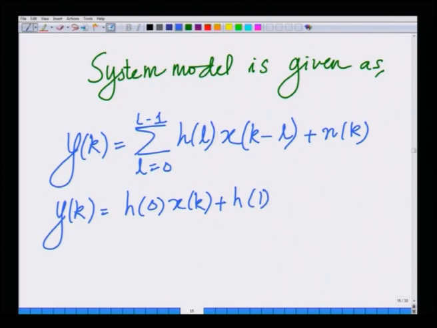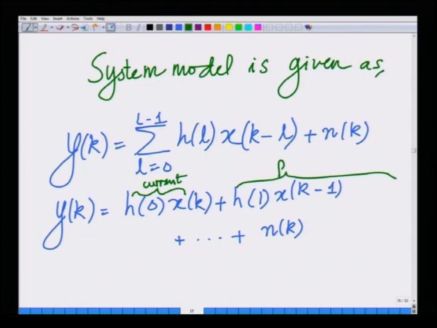h 1 x k minus 1 plus so on plus n k. And this we said, each output symbol depends on both the current symbol and also the past symbols x k minus 1, x k minus 2 and so on.